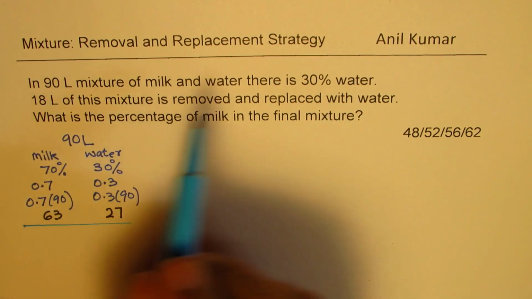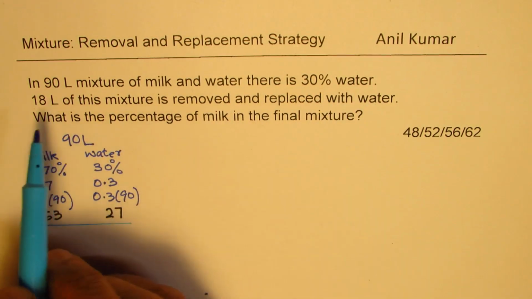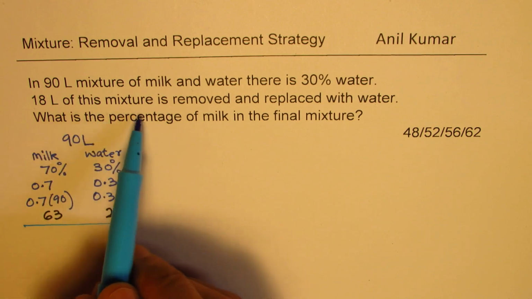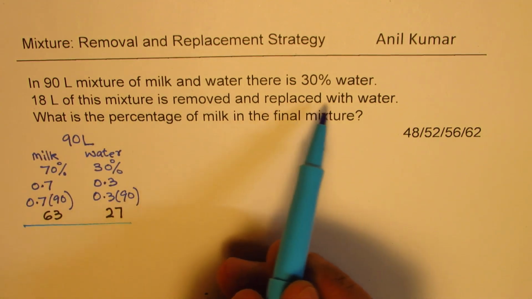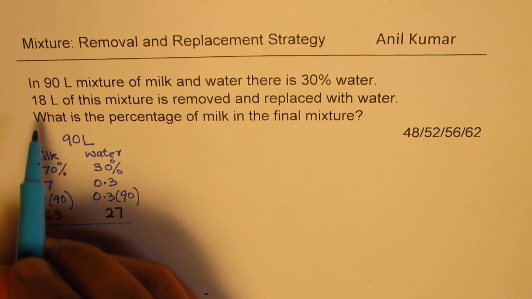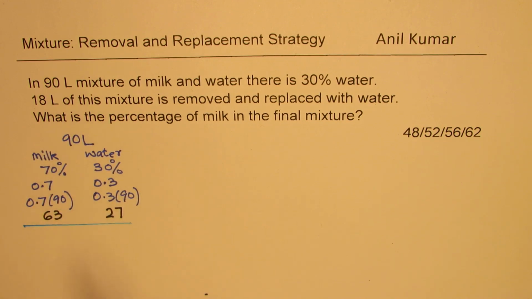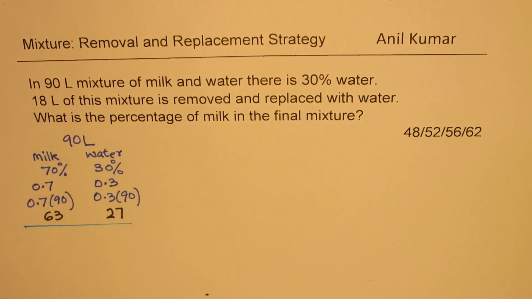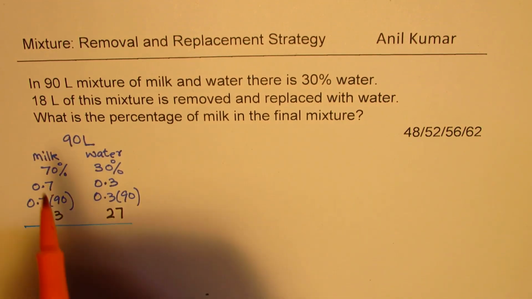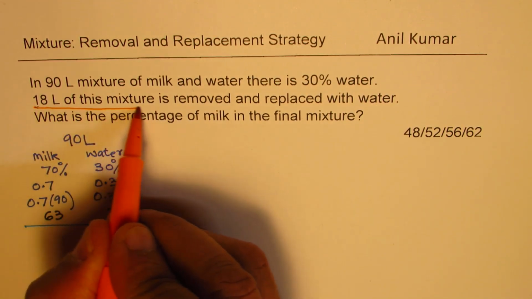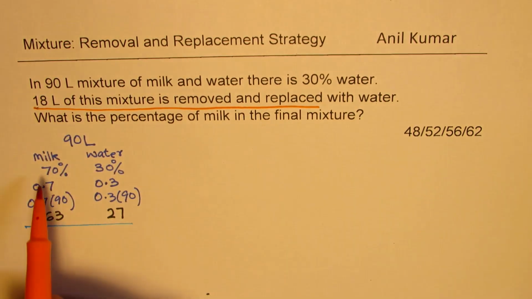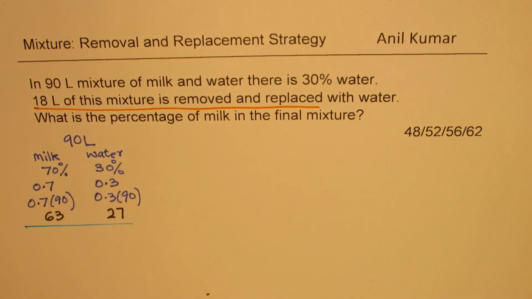Now let's move on to the next step. So we have done up to this point. Now it says 18 liters of this mixture is removed and replaced with water. So first, we're talking about 18 liters being removed. Now what will that mean? So 18 liters removed means both milk and water get removed, right?